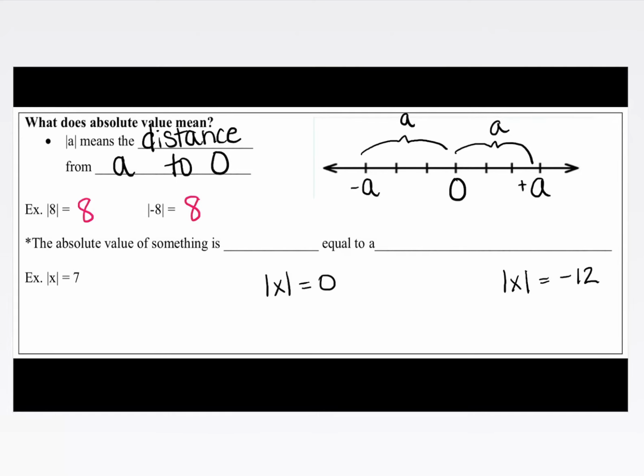So the absolute value of something is always equal to a positive number. So in our example here, we have the absolute value of x equals 7. So what are some possibilities that x could equal?